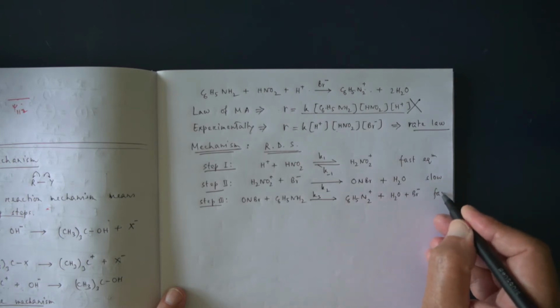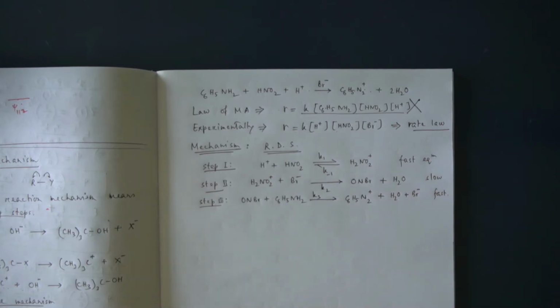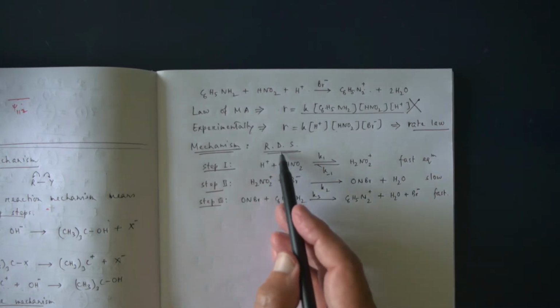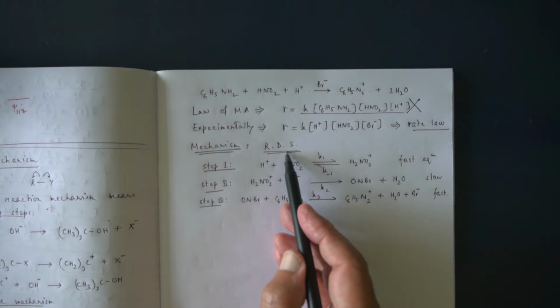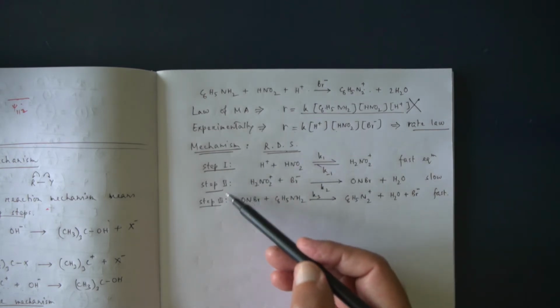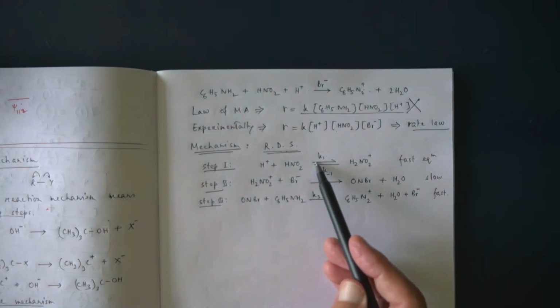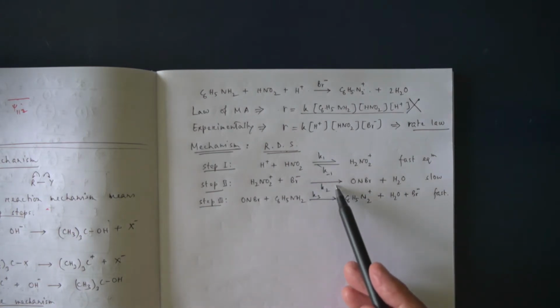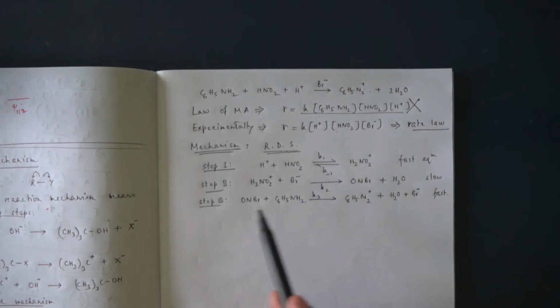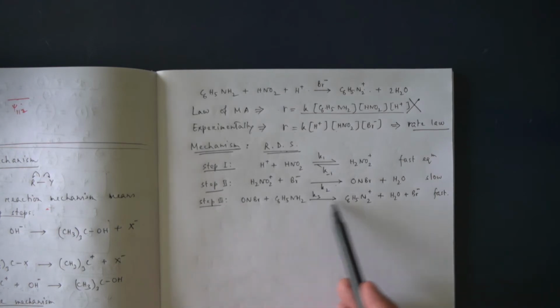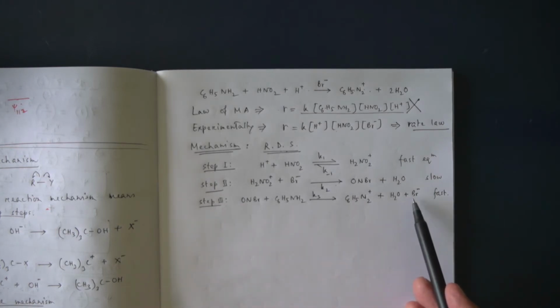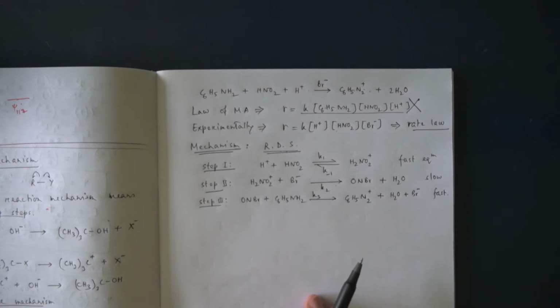So according to the rate determining step approximation method, there should be at least these three steps: a fast equilibrium followed by a slow reaction, that is followed by a fast reaction. This is how we propose the mechanism by using the rate determining step approximation method.